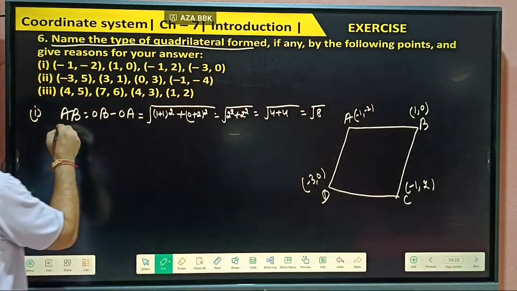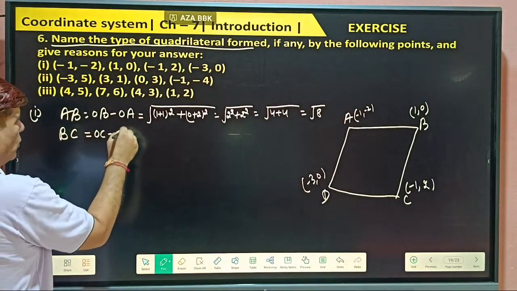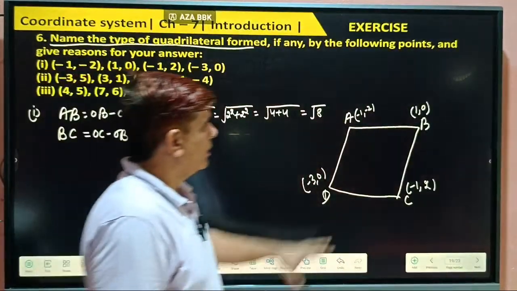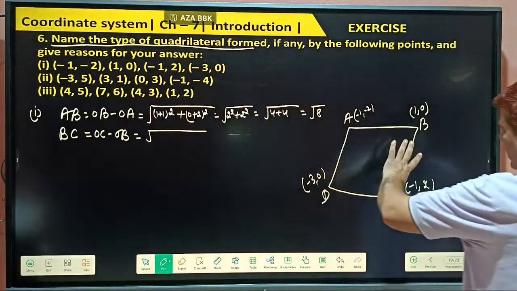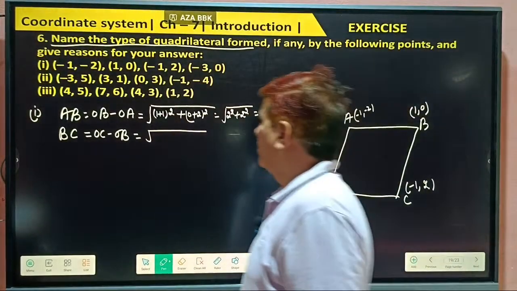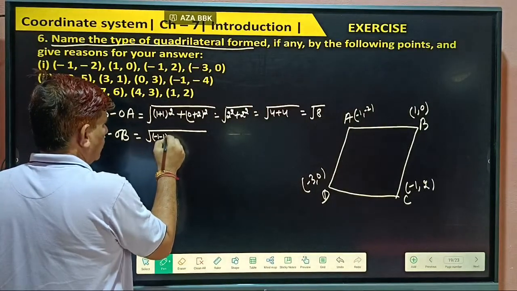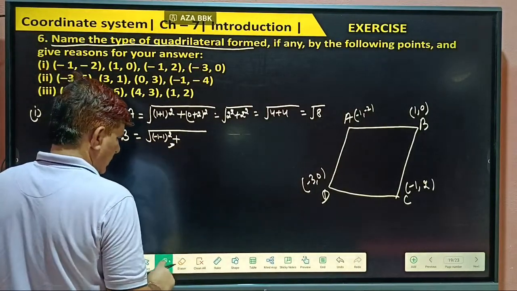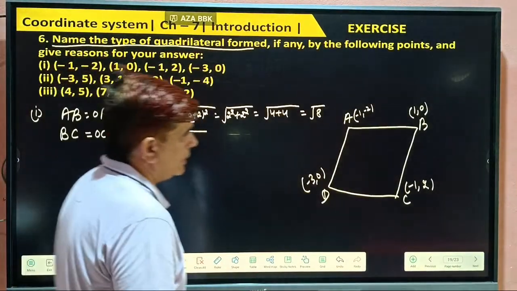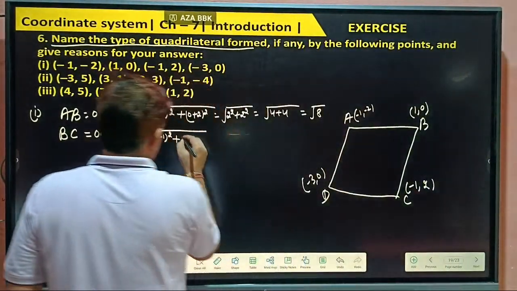Then we can find BC, as OC minus OB, using the distance formula. BC, OC minus OB: (-1 minus 1), which becomes -2, whole square, plus (2 minus 0) whole square.